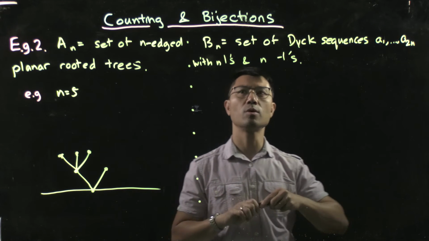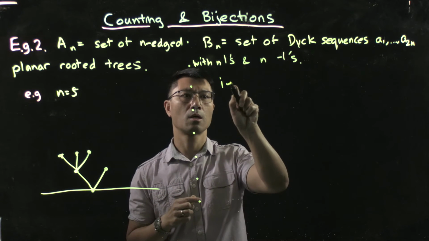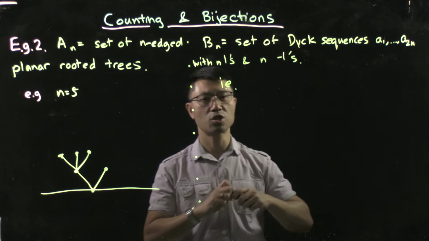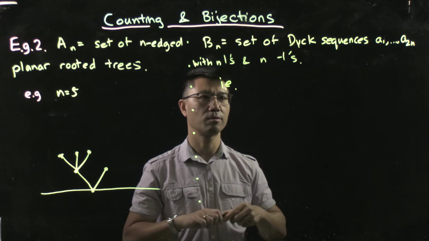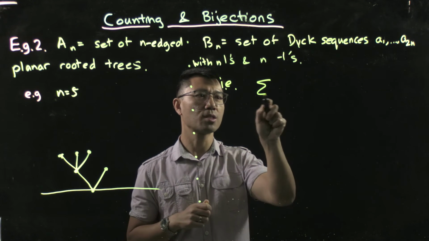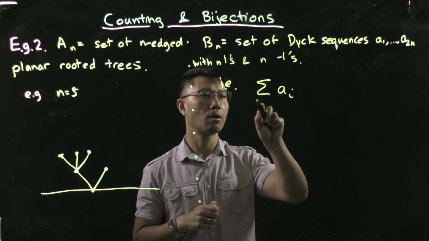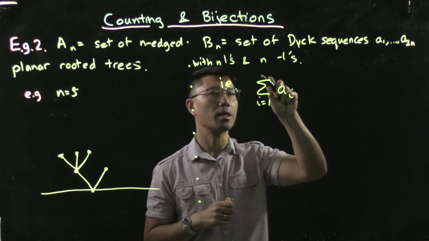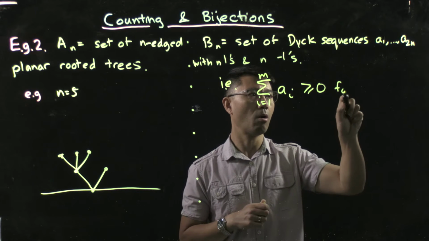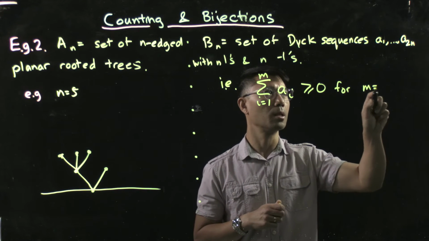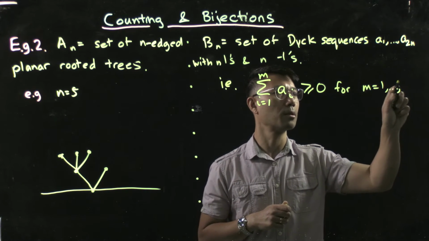And what is the Dyck sequence? The Dyck sequence is such that all the partial sums are always non-negative. If you look at the partial sums of these ai's from i equals 1 up to m, this is always greater than or equal to 0 for m equals 1 up to 2n.